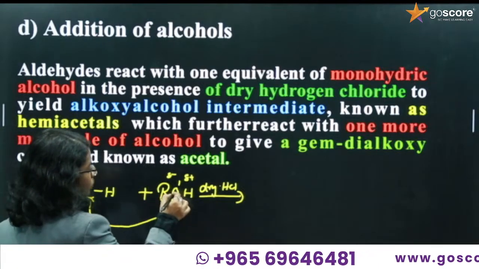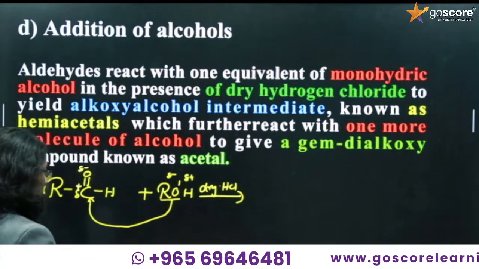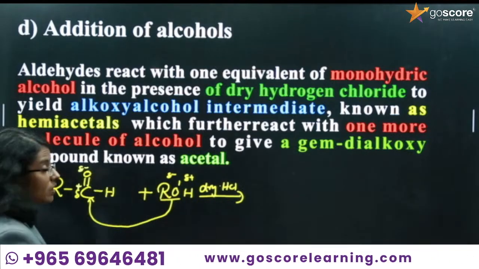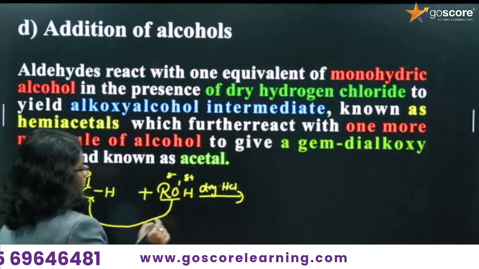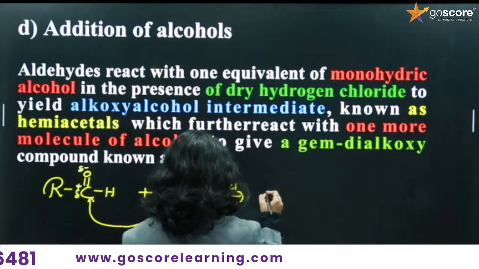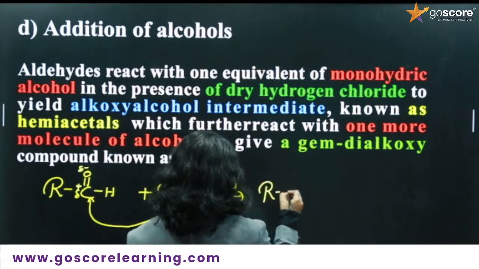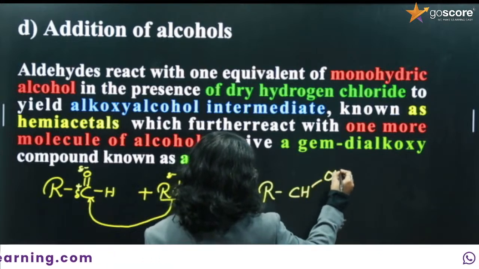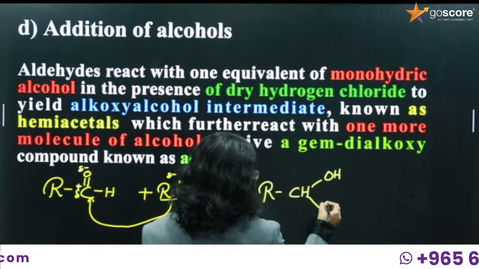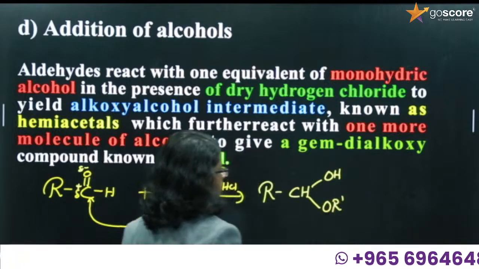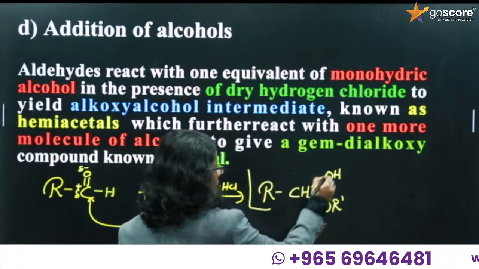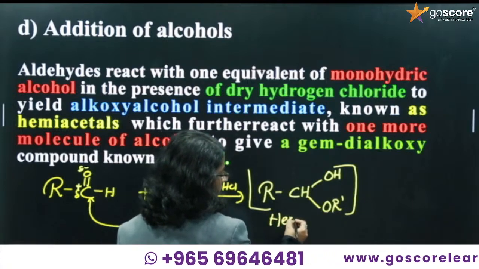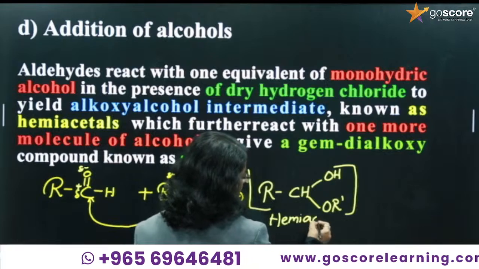So the R'O group will be attached to the carbon and this hydrogen will be attached to the oxygen. So you will get RCH(OH)OR'. So this is called hemiacetal.